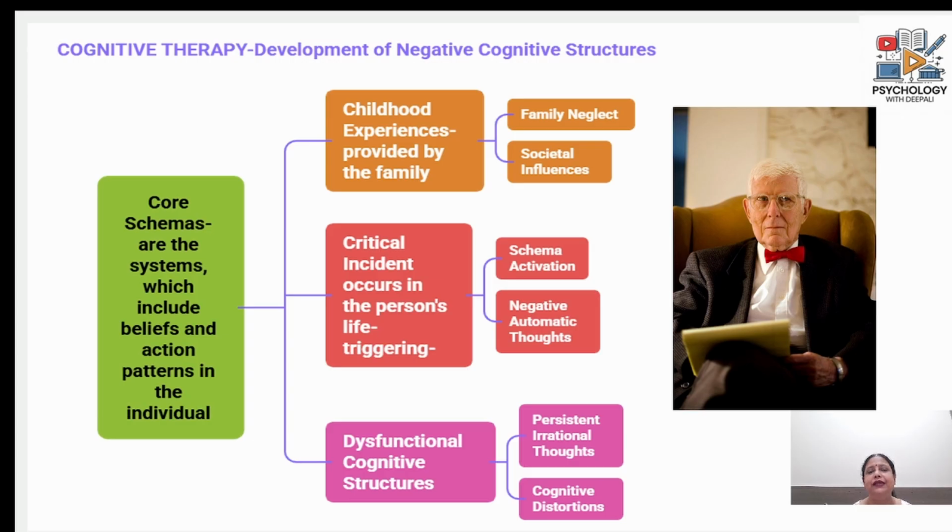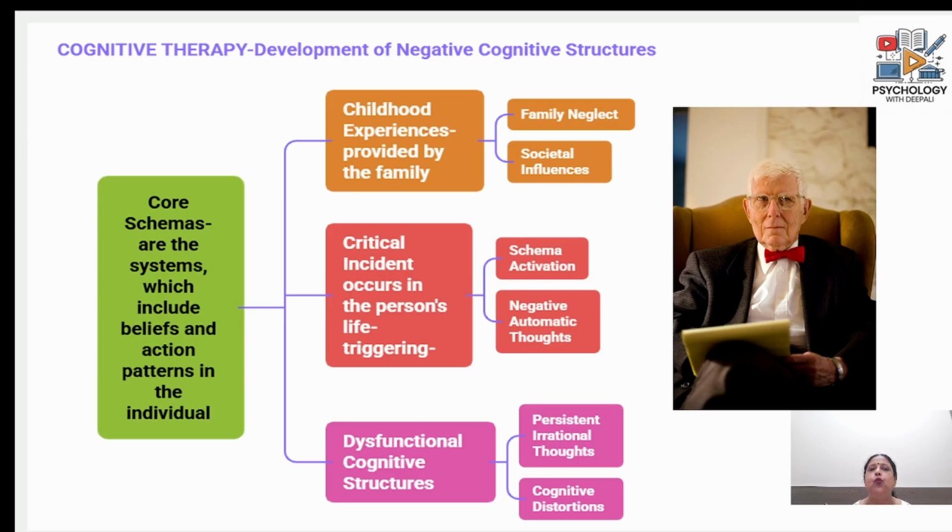Now, once this schema is formed, let us say this child grows up and becomes an adult, there might be certain circumstances or situations that this person faces which will activate or trigger these core schemas. So there may be certain critical incidents which may occur in this person's life, which may reactivate these core schemas which have already been formed in childhood.